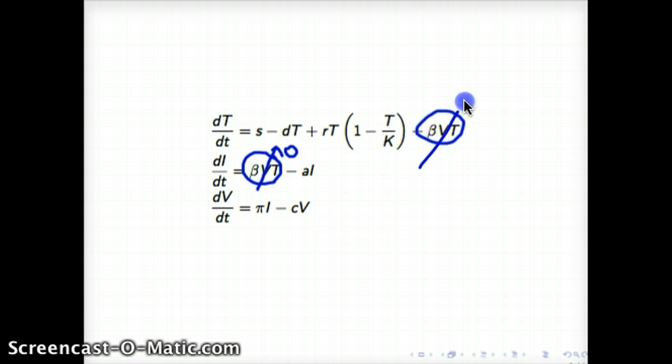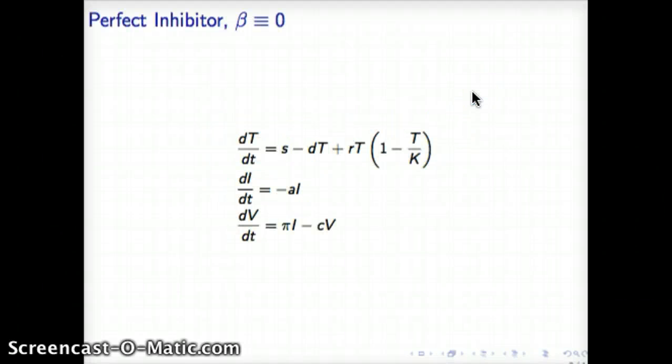If that is as perfect as it can be, then the interactions between virus and cells that are uninfected disappear. That would be the most ideal scenario in which the inhibition is carried out under excellent conditions. And so the new model would reduce to this. As you can see, the interactions between virus and uninfected cells have disappeared.